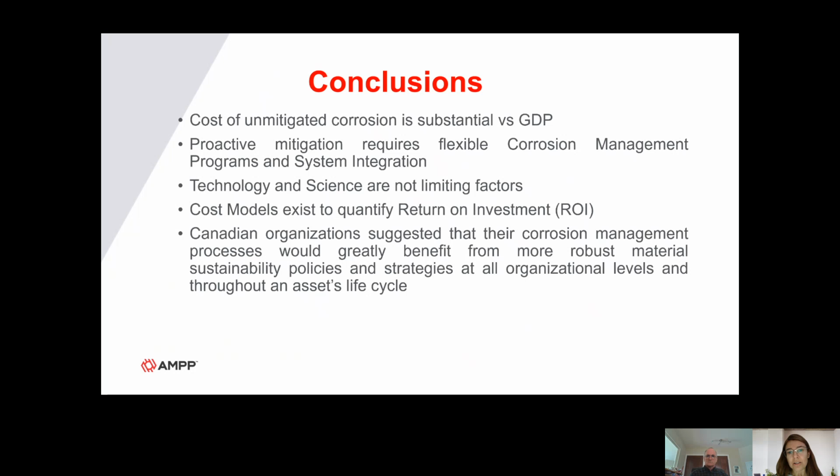Technology and science are not limiting factors, and this continues to be the case. As I said before, we have smart people, we have great technologies, we know how we should be doing things. So the key factor here is why we are not doing it and what is that cultural thing that needs to be shifted so we can get better at doing what we are supposed to be doing.